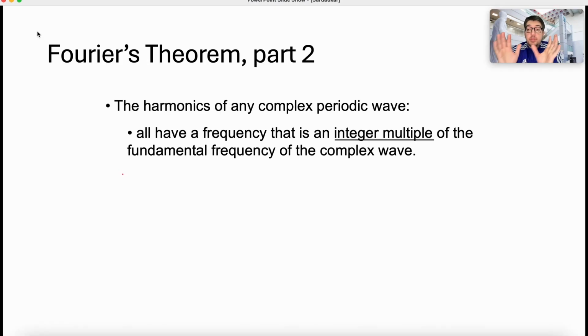So the second part of the theorem is that the harmonics of any complex periodic wave all have a frequency that is an integer multiple of the fundamental frequency of the complex wave.